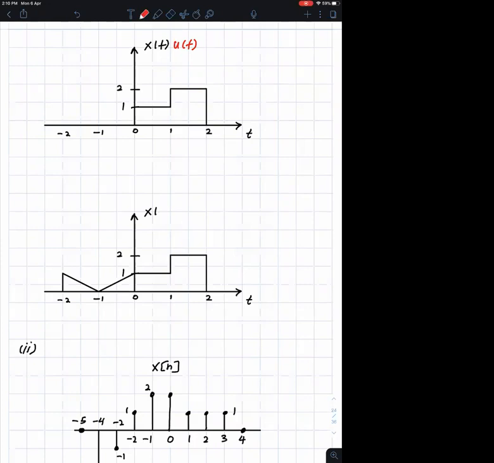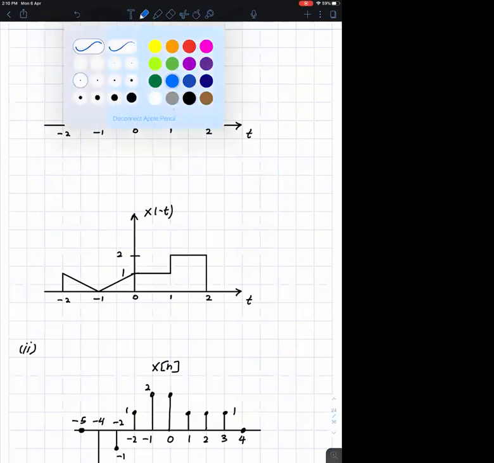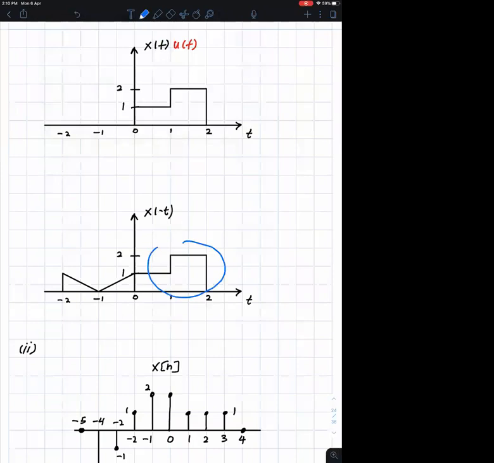Minus t means the whole thing is a flip around the vertical axis. This is the vertical axis, so you're just going to flip around it, as if you rotate it.